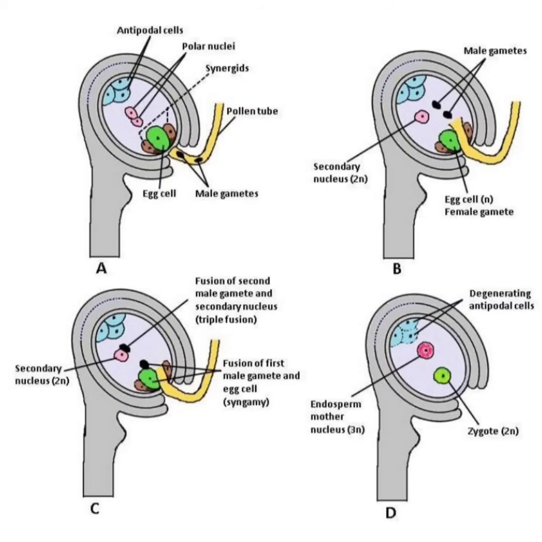The fusion of two male nuclei with the two different components of the ovule is called double fertilization. The fusion of one male gamete along with the secondary cell having two polar nuclei is called triple fusion. The triple fusion results in the formation of the endosperm, and the syngamy results in the formation of the zygote, which helps in the formation of the embryo.